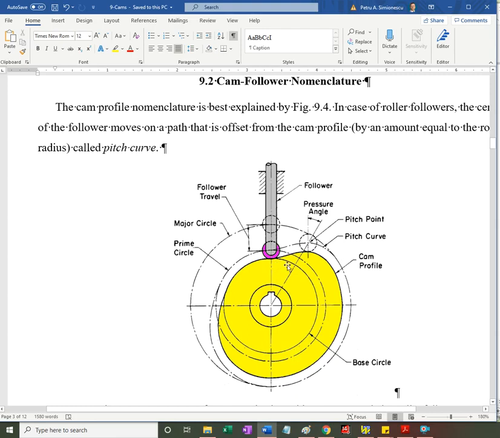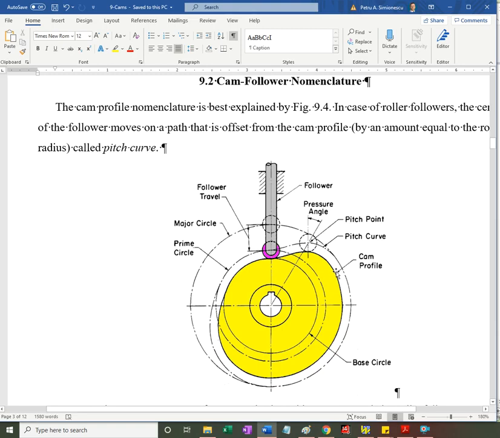We're having the base circle when the roller moves along this portion of the cam profile, that is the base circle. There's no displacement, although it can be missing from some cams. And then we have the major circle.